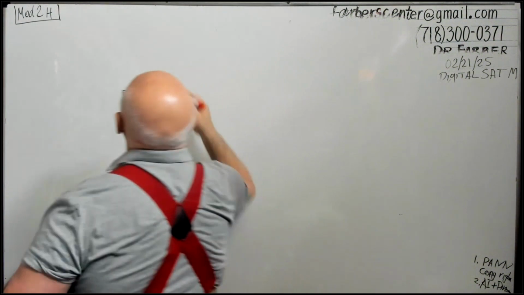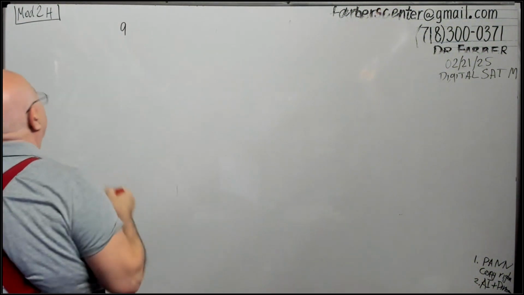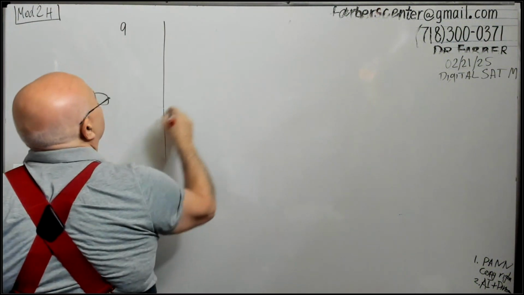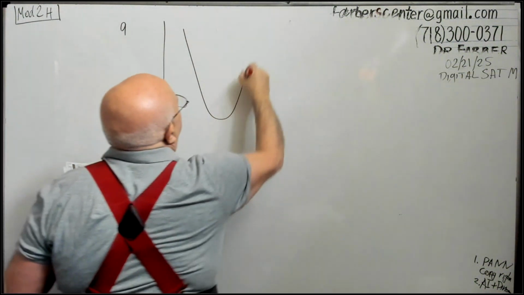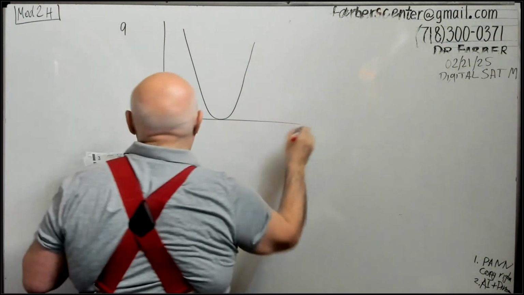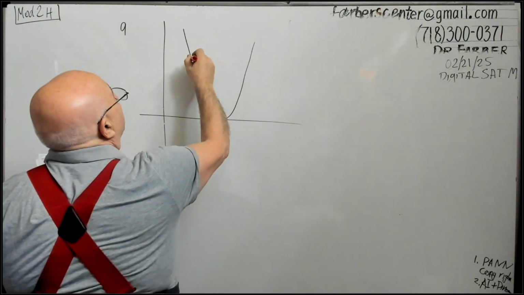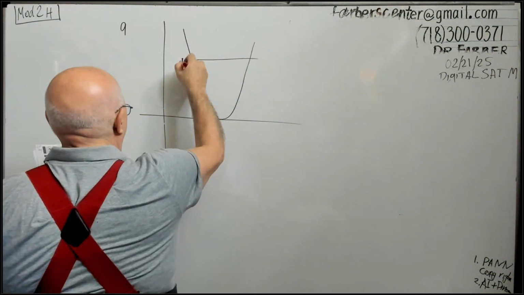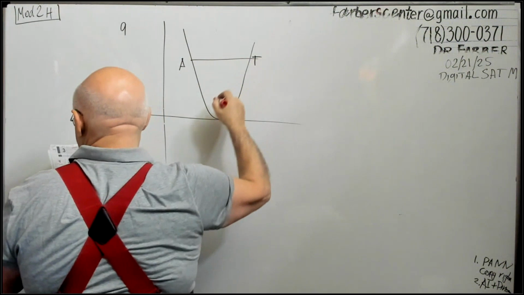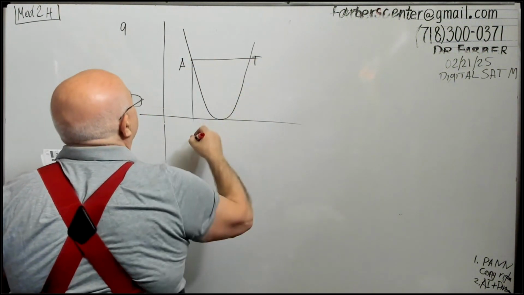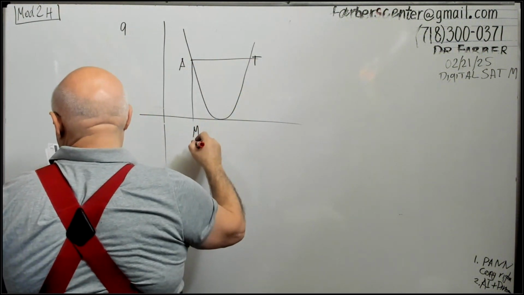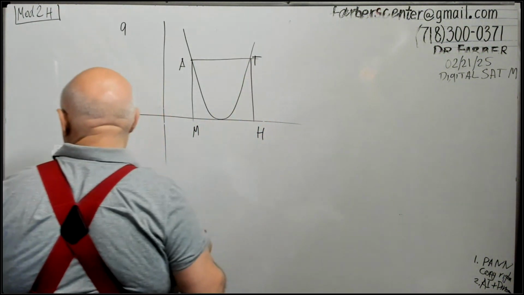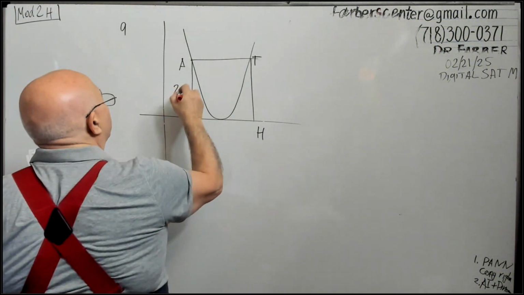In number 9, the Cartesian coordinate, let me make this one schematically. Parabola, and there are 2 points, horizontal line, AT, M, what is it, H, and this is 25.